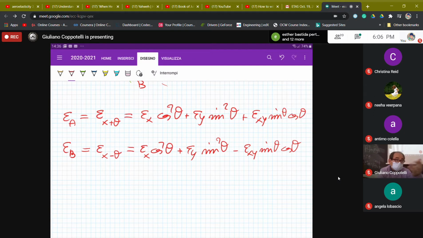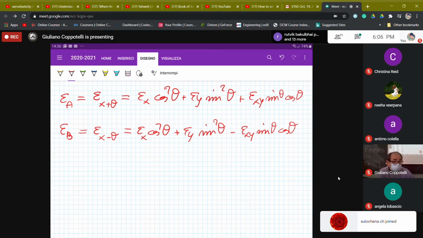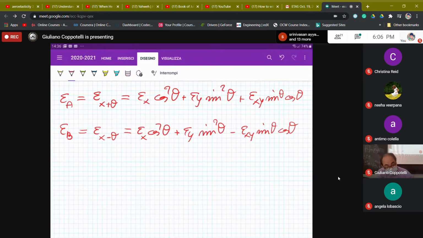Now, let's see together. Our task is to find a useful formula to get the stress, basically. So let's find out what happens if we add these two strain gauge measurements, epsilon A and epsilon B, at x plus theta and x negative theta.